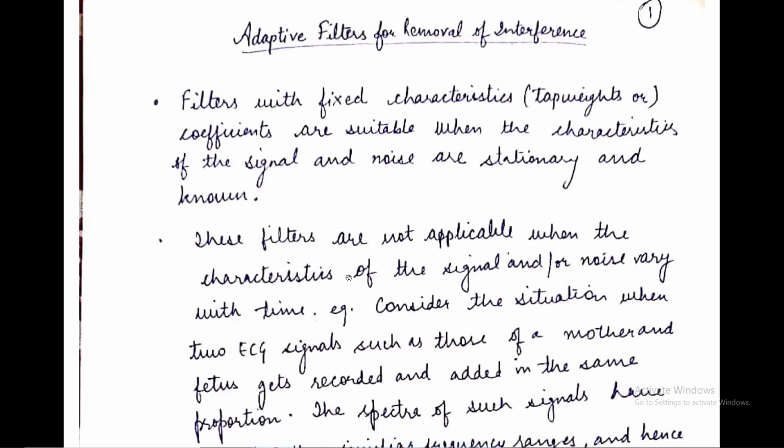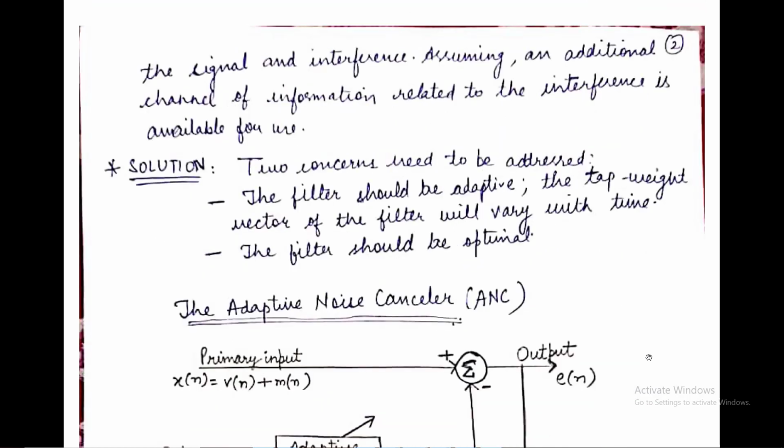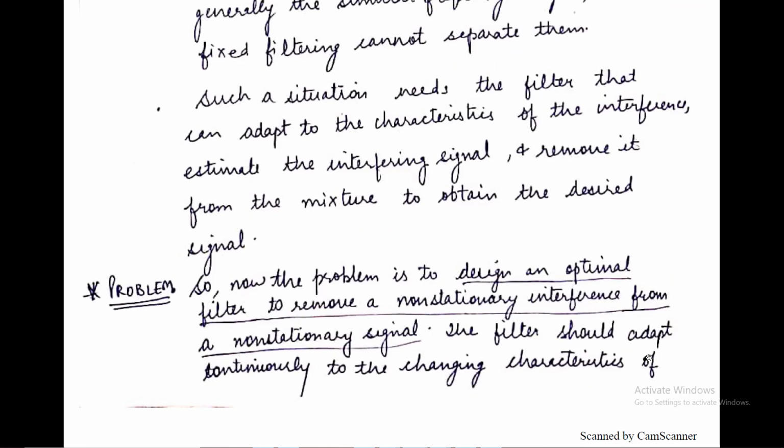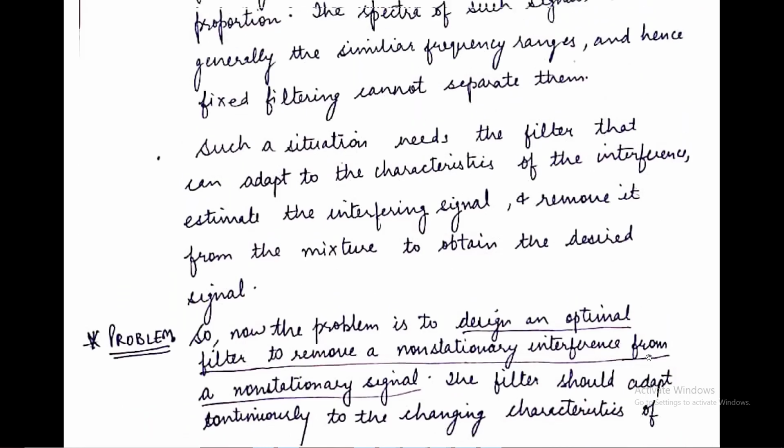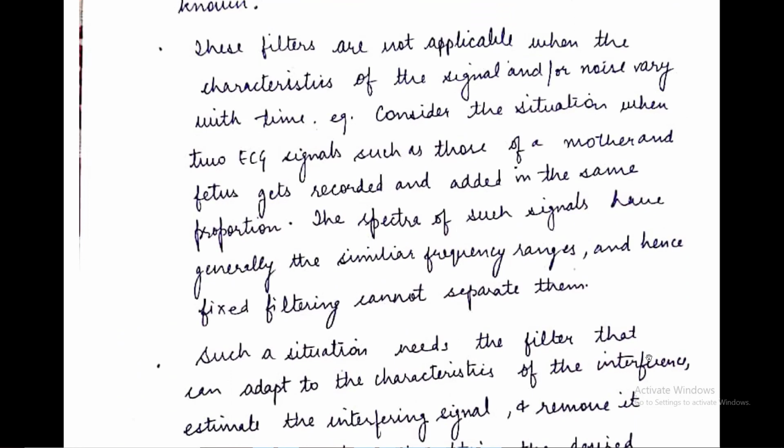For example, consider the situation when two ECG signals, such as those of a mother and fetus, get recorded and added in the same proportion. The spectra of such types of signals generally have similar frequency ranges, and hence fixed filtering cannot separate them.